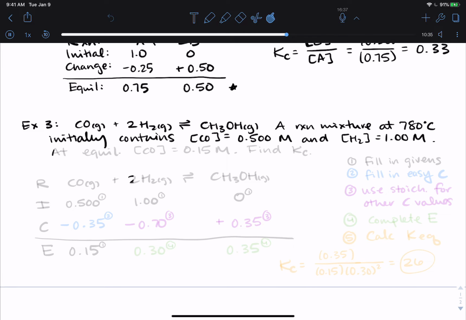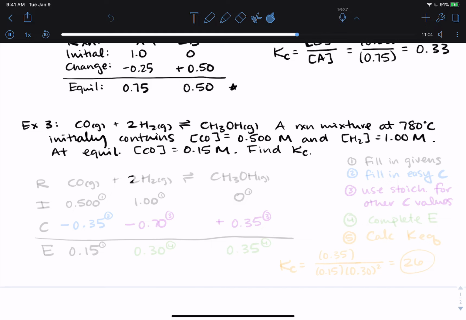At equilibrium, the concentration of CO is now 0.15 molar. And we need to find the equilibrium constant value, and it says Kc.